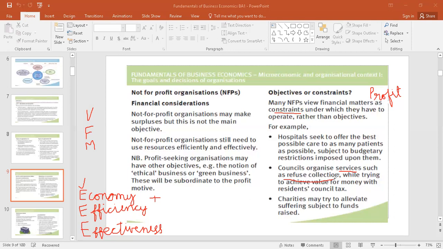That cannot be a reason for them not to achieve their objectives. Achieving their goals and objectives is the primary objective, that is to provide benefit or service to their stakeholders. But again, all efforts have to be put in to ensure that they minimize on the cost part of it. They work within the limits that are set for them.